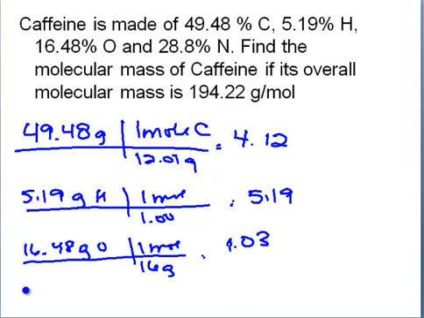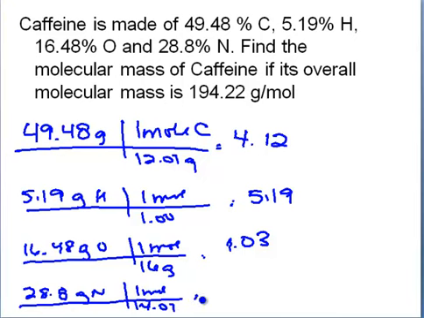And then I take 28.8 grams of nitrogen, and I divide 1 mole by 14.01, which is about 2, but I want to make sure it's exact. 28.8 divided by 14.01, and I get 2.06. Okay, so I'm now going to divide each of these by the lowest of these numbers, which is 1.03.